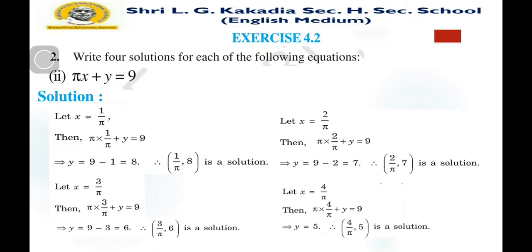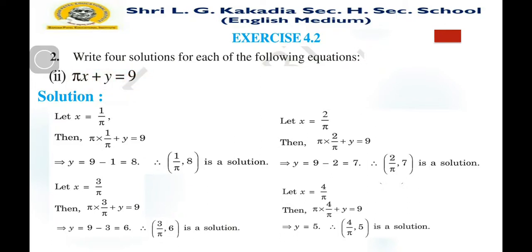So in this way we can find the values of x and y, and they are a solution of the given linear equation. By putting these values in the equation, you can check that it equals 9. If you put 1 over pi and 8, then you find 1 plus 8 is equal to 9. If you put 2 by pi and 7, then you find 2 plus 7 is equal to 9.